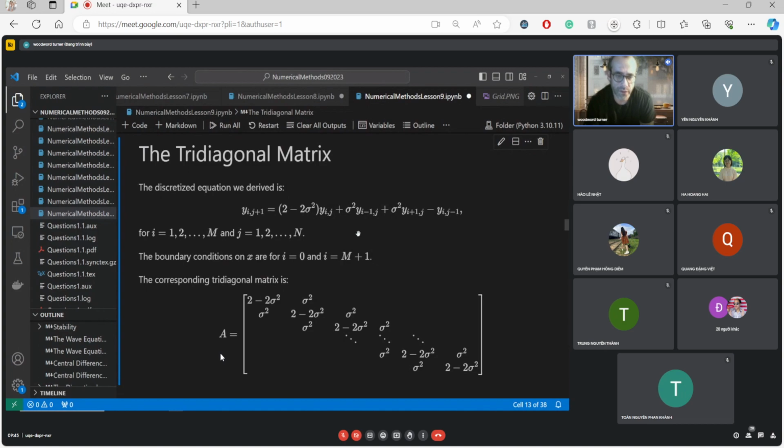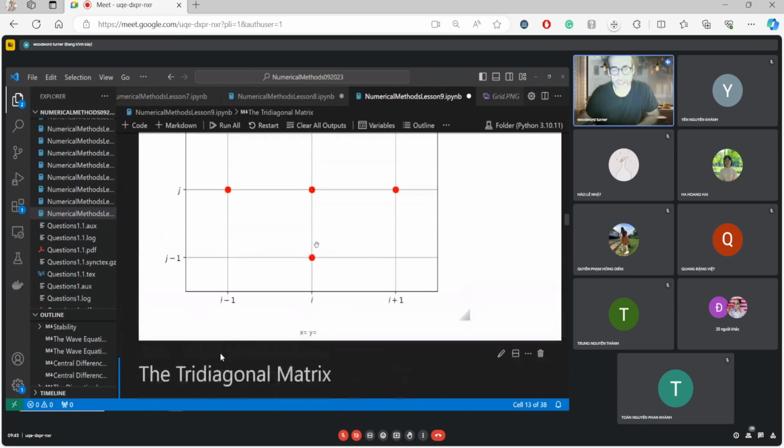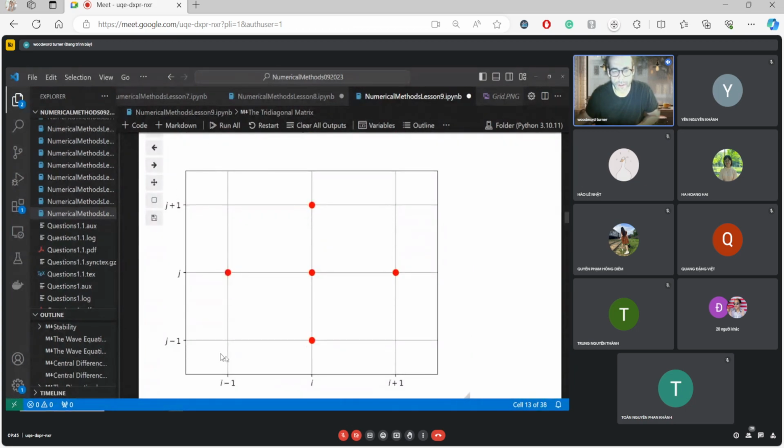So what I want to do then is solve this relation for y_i comma j plus 1. I have to multiply through by k squared and then add these terms and subtract this term. And I'm going to use this to get a nice, easy relation that I can work with.